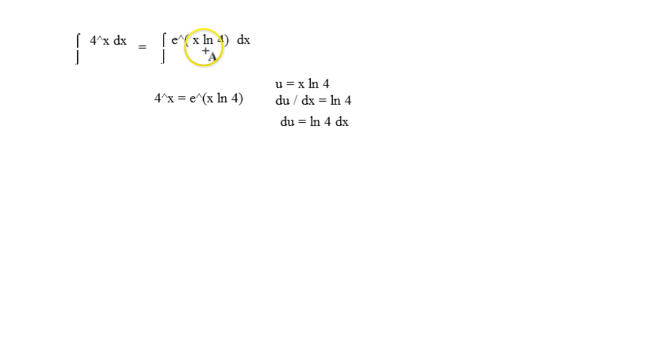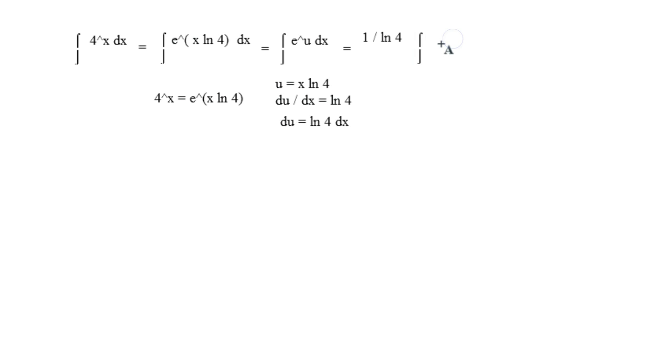So far we have e to the u dx, so all we need is the natural log of 4. So I'm going to have a 1 divided by the natural log of 4 in front of the integral.